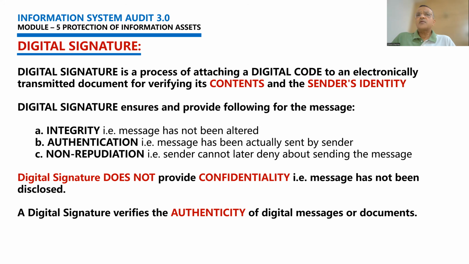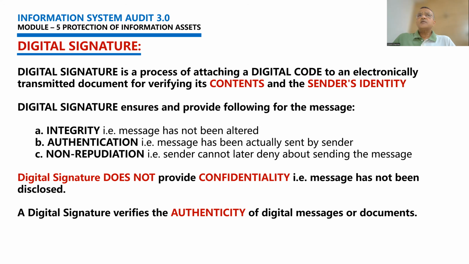Often you might have seen people say they sent it by mistake or they have not sent the message. But when you use a digital signature, you cannot back out by saying that it was not sent by you. So digital signature primarily ensures the integrity of the document, that is, the contents are original, and second, it also authenticates the person who is sending the document across the network.